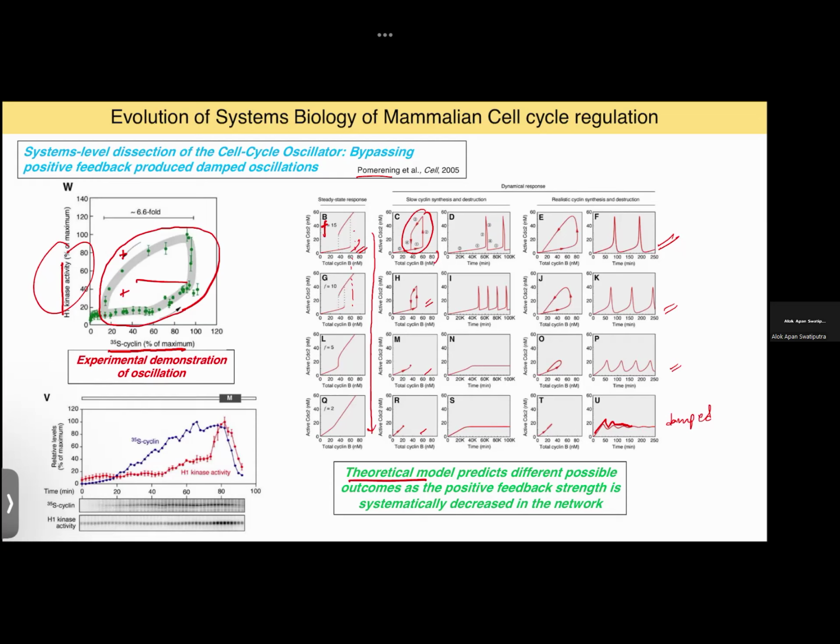And they saw that in the cyclin versus kinase activity plot, it's a circular phase. And in the time domain, you see the cyclin rises up, then goes down, oscillating. So this is with good positive feedback. But they had also said in the model that decreasing this positive feedback will get rid of your stable oscillations.